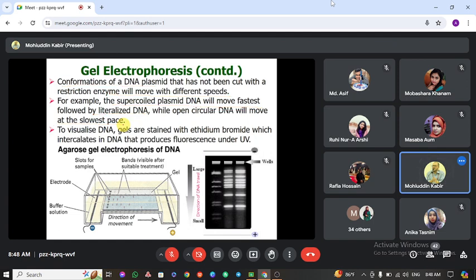Now the question is, what is open circular DNA? This is circular DNA, but it does not have that supercoiled nature. Let's say this is a plasmid, circular, but it has many folds, supercoiled. This will move faster than the linearized DNA.